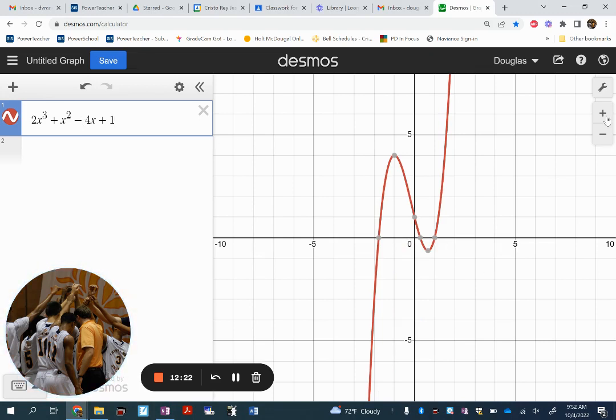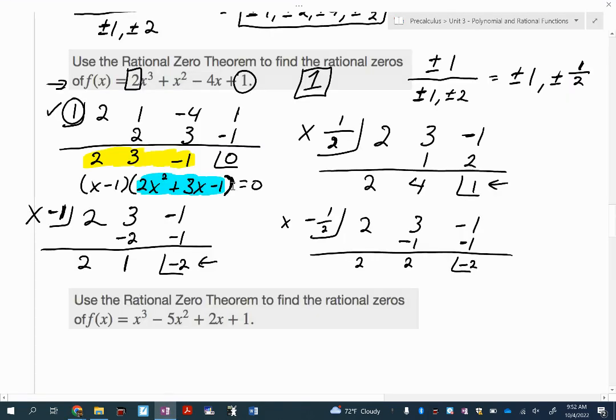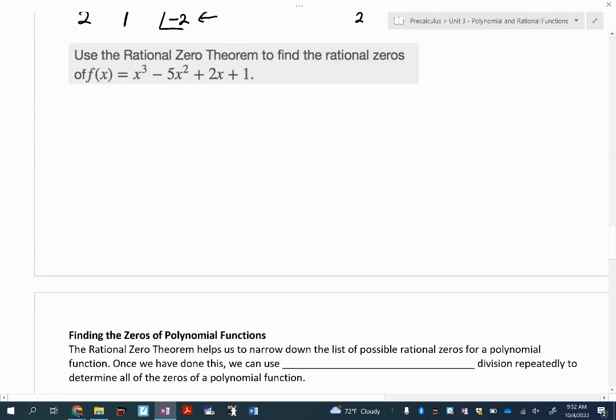Okay, so let's show you the one that we found. We found 1, 0. That was our rational 0. But we also have 0.281. That's irrational. And same with negative 1.781. All right, so the rational root theorem was able to find us one of them, but we would have had to use, as I said, the quadratic formula to find those other two of this highlighted quadratic.